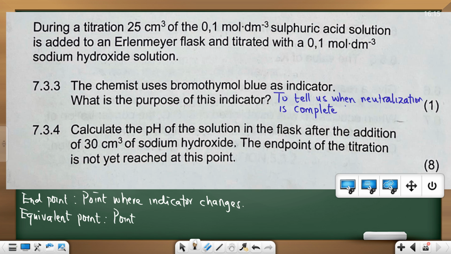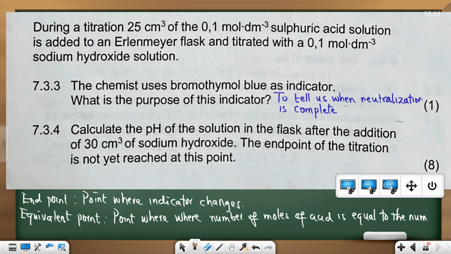It's a point where the number of moles of the acid is equal to the number of moles of the base. So the indicator will tell you that we have reached complete neutralization.